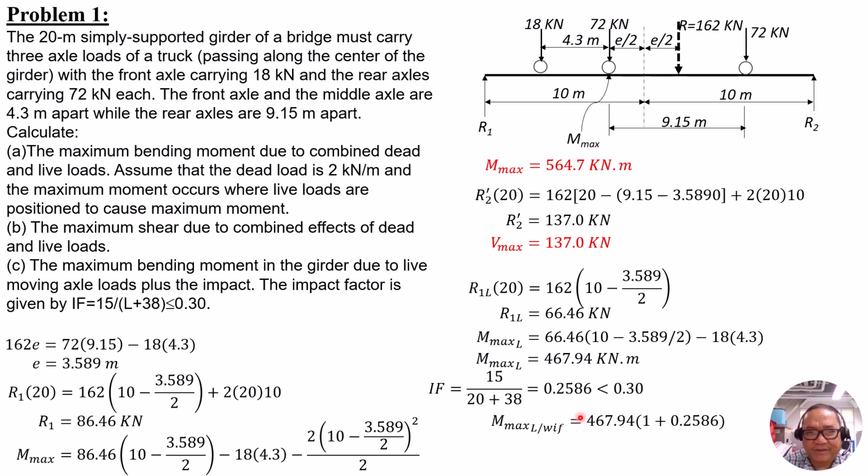The maximum moment due to live loads plus the impact, therefore, is 467.94 plus 467.94 times 0.2586, or simply 467.94 times quantity 1 plus 0.2586. And that is equal to 588.9 kilonewton meter. So that's it for this video.